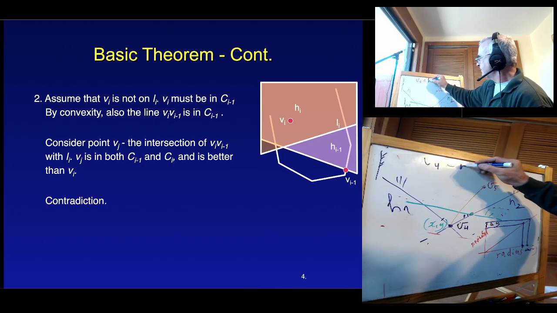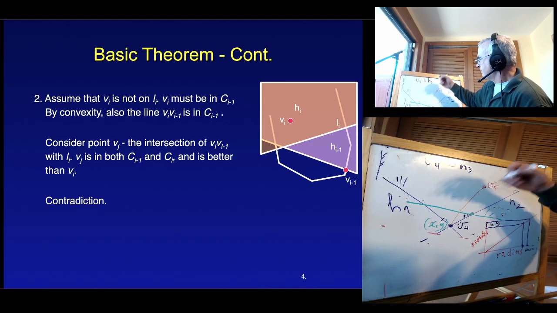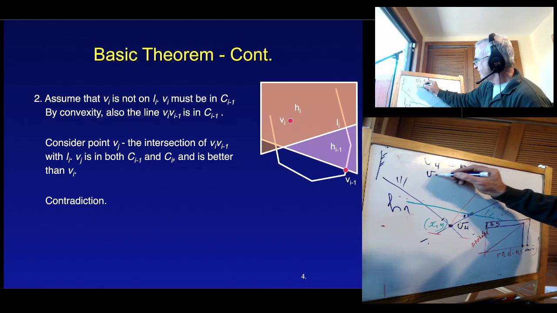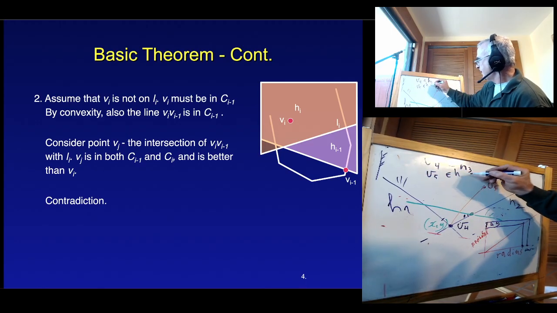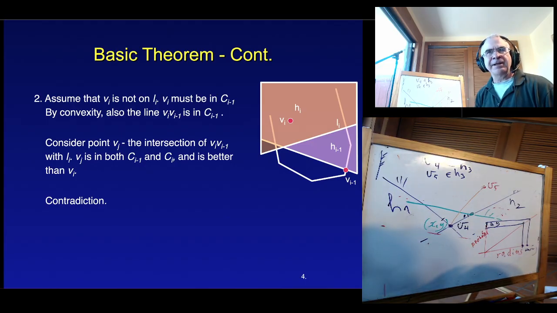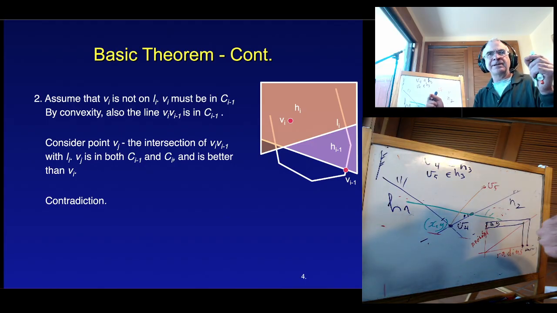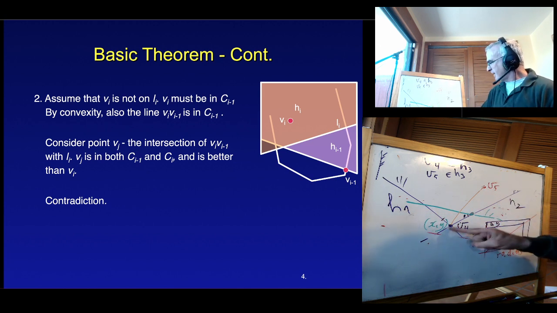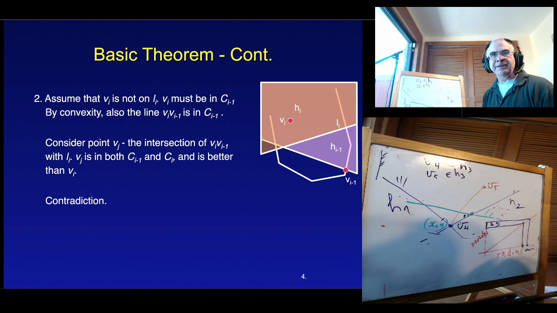V4 lies, for example, in H3, but so does V5 lie inside H3 as well. What do we know about convexity? If I have 2 points that are inside a convex set, the whole segment between them is inside the convex set. Definition of convexity.